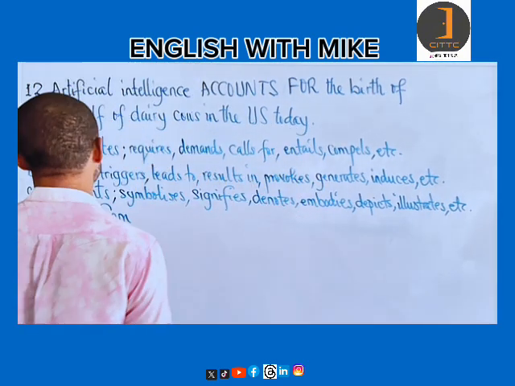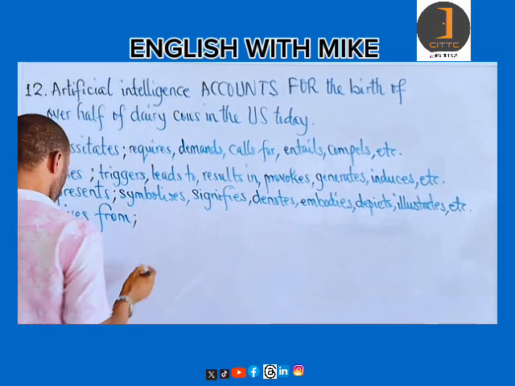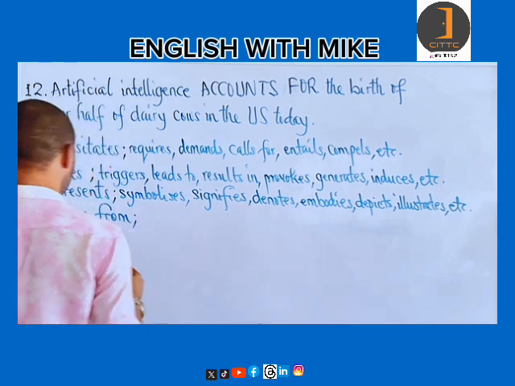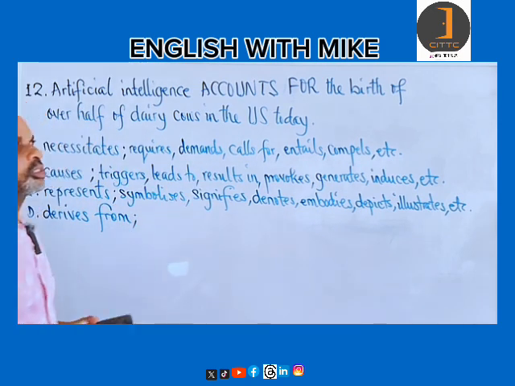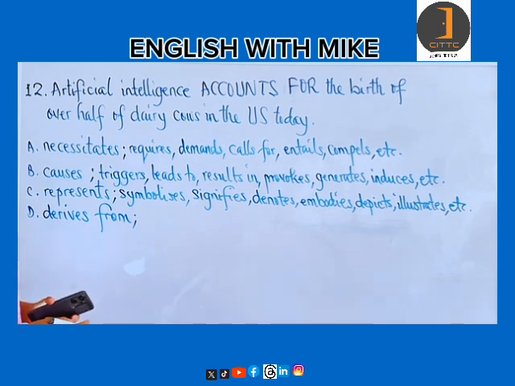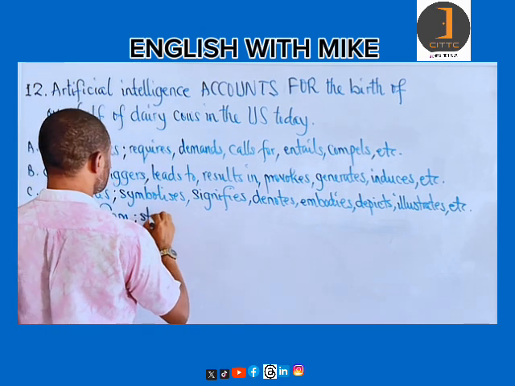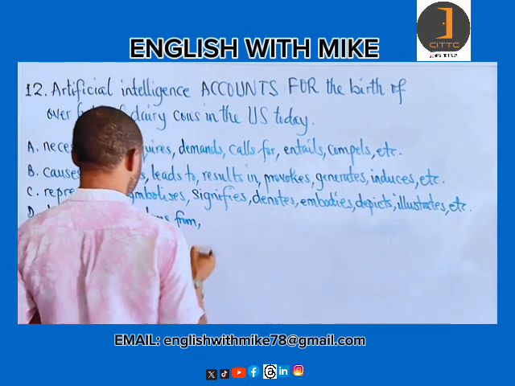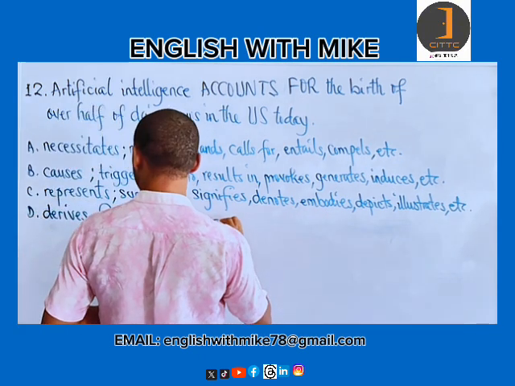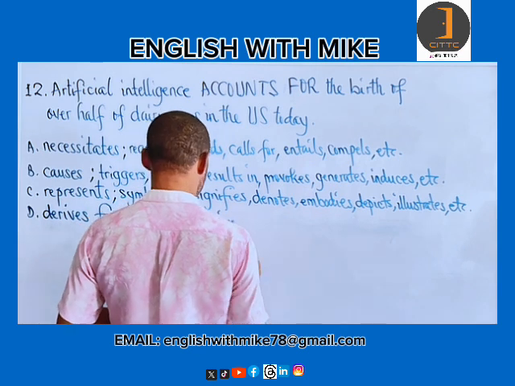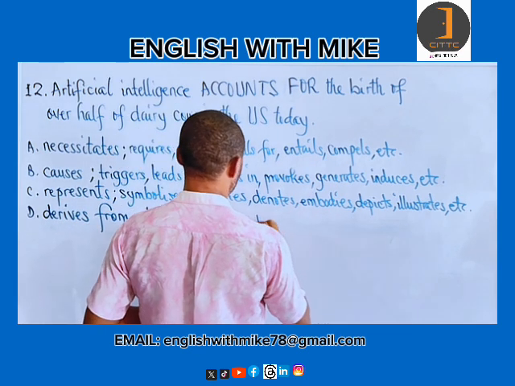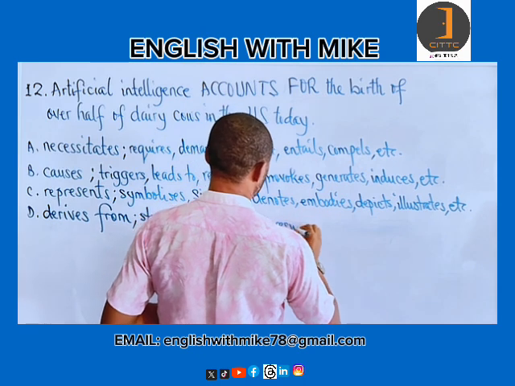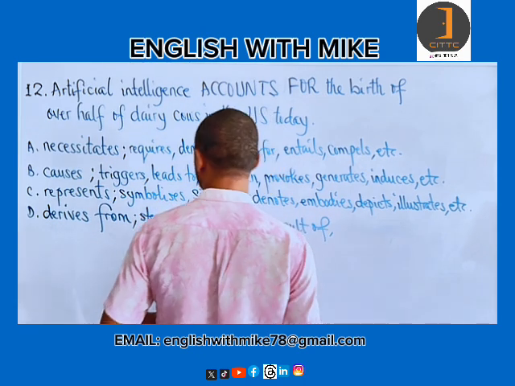The vocabulary family here is derives from. Derives from means is the result of. So when something derives from another, then it is a result of that thing, which means it stems from. It stems from or arises from or is the result of, right?